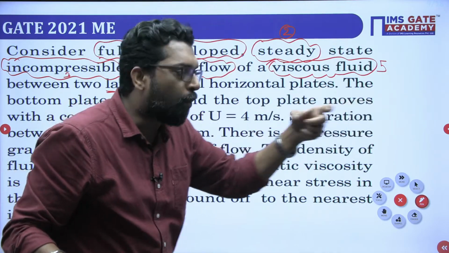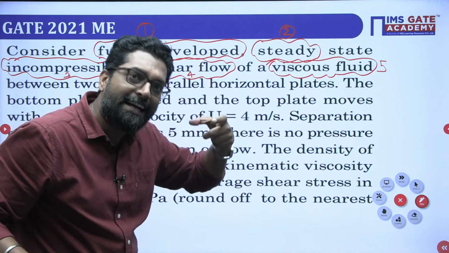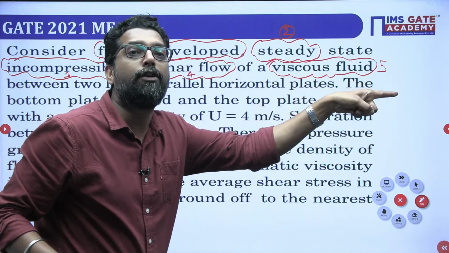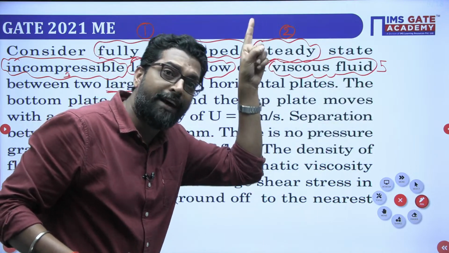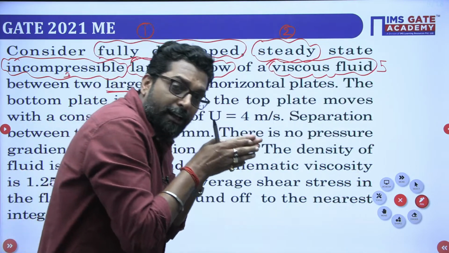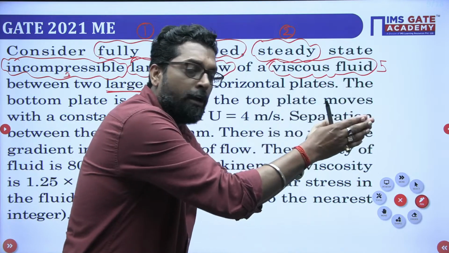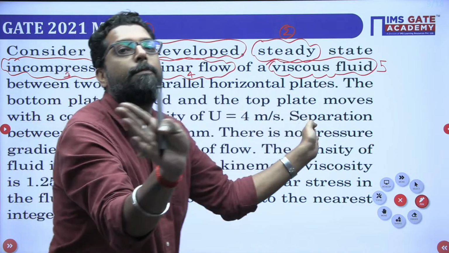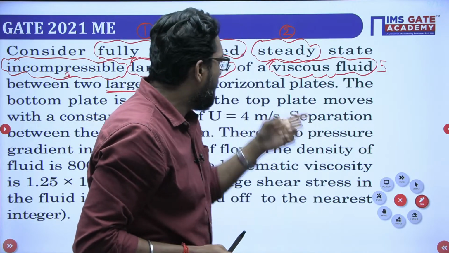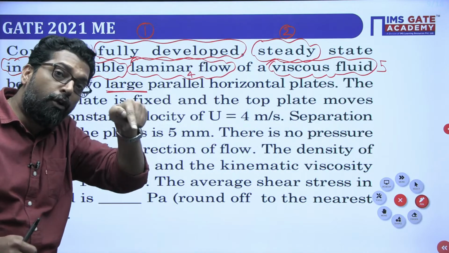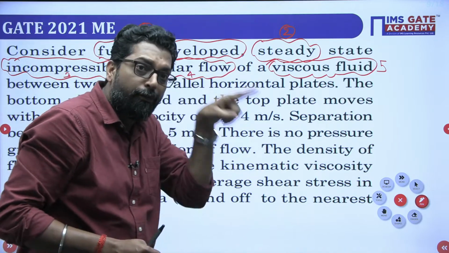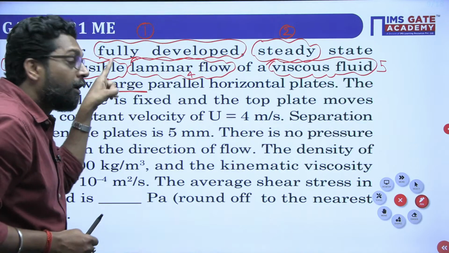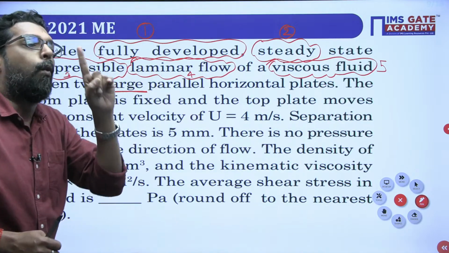The time taken by the fluid from inlet to outlet along the length is very small compared to the time in the width direction. So we have to consider only the flow along the length of the plate, so the flow is one dimensional.